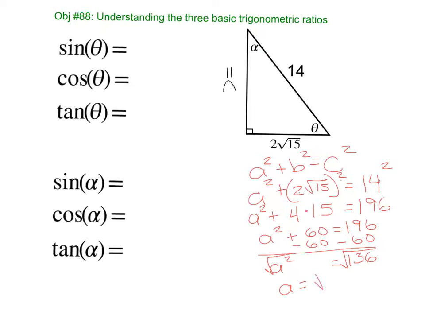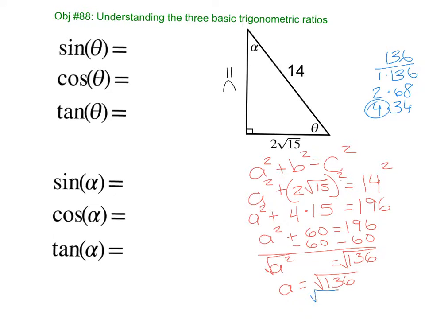Take the square root. A equals the square root of 136. 136 can be simplified. I know, it's a lot. 136, 1 times 136, 2 times 68, 3 doesn't work, 4 times 34, and so notice the 4.